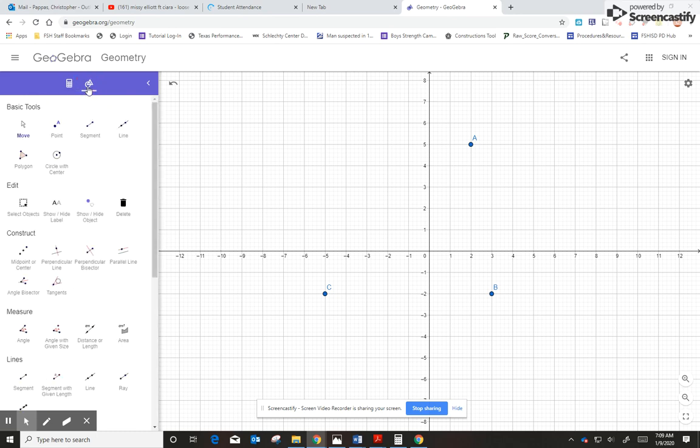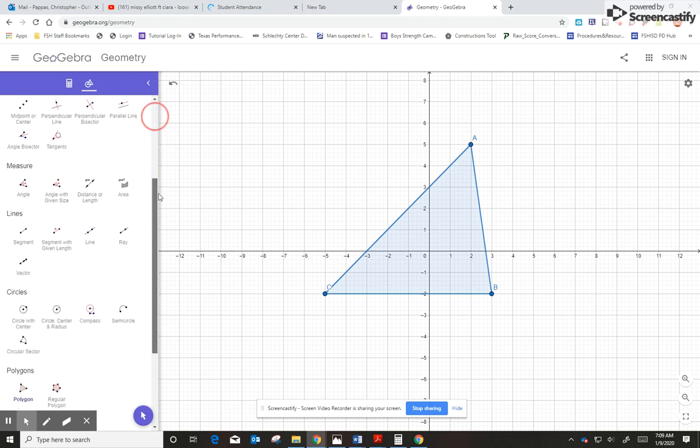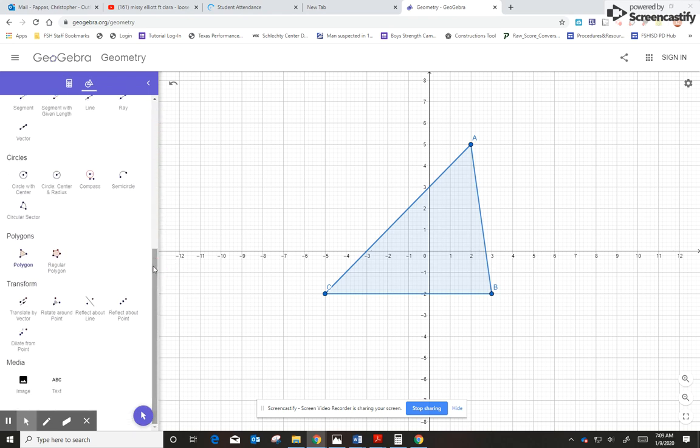Next, we'll go back to our tool, and we'll hit our polygon button, and we'll draw a triangle from C to A to B to C, just like that. And then after that, we will draw a circle.